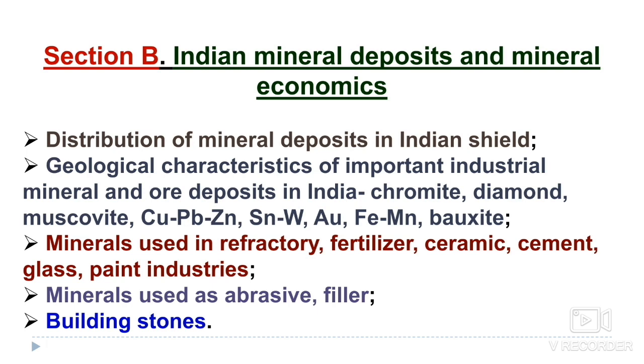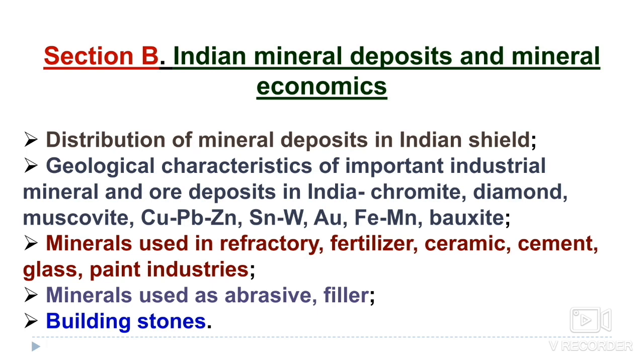And geological characteristics of important industrial minerals and ore deposits in India, like chromite, diamond, muscovite, copper, lead, zinc, tin and tungsten, gold, iron and manganese, bauxite. Minerals used in refractories, fertilizer, ceramics, cement, glass, paint industries, that is a very important topic.